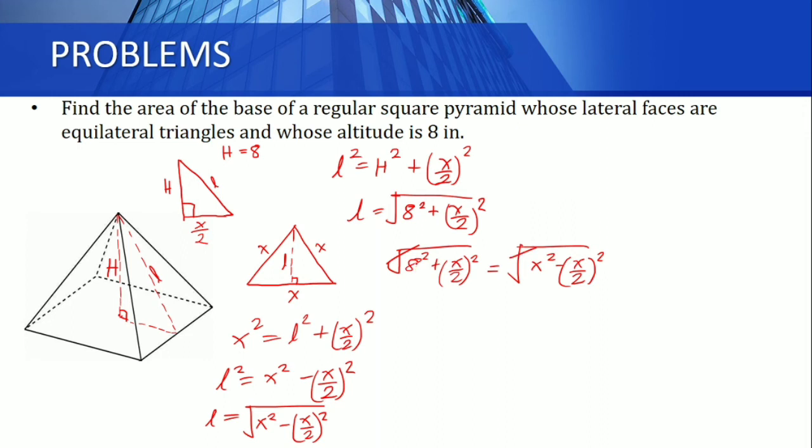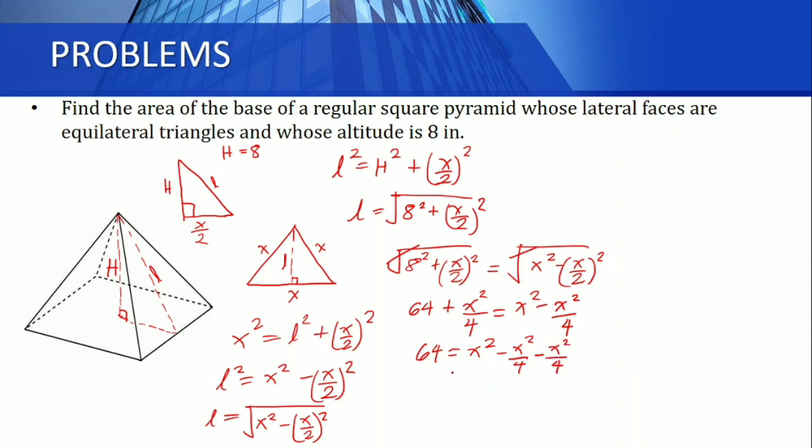Therefore, simplify natin. h squared, that will be 64 plus x squared over 4 is equal to x squared minus x squared over 4. So, ilipat natin yung x squared over 4 doon sa kabila. So, that will be 64 is equal to x squared minus x squared over 4 minus x squared over 4.